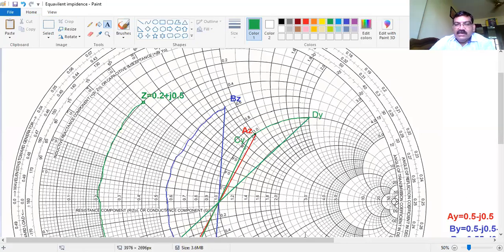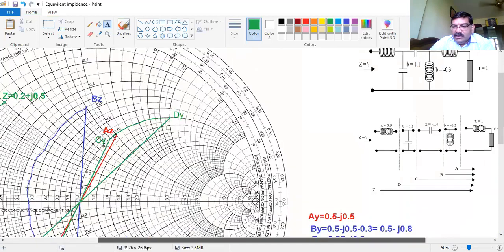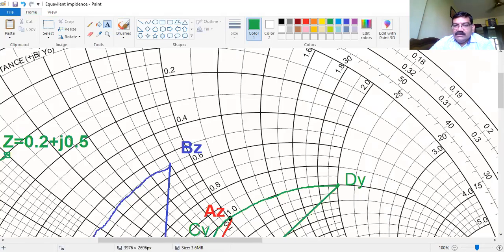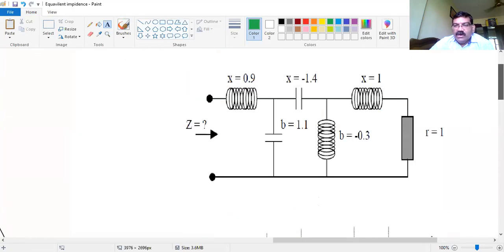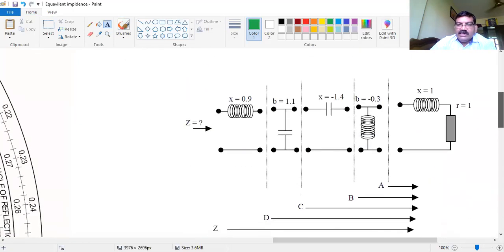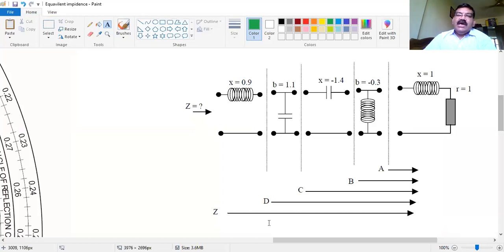So this way, this is the circuit we got. We have simplified the circuit and split it into A, B, C, D until Z. As this is a series parallel combination, continuously we have to convert Z to Y, Y to Z this way. So this way we have split it up.